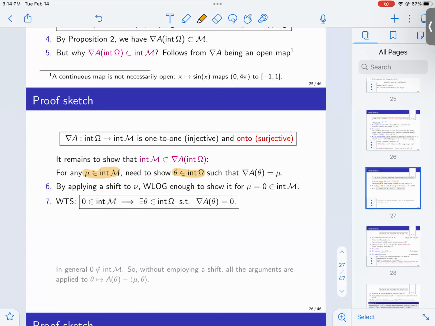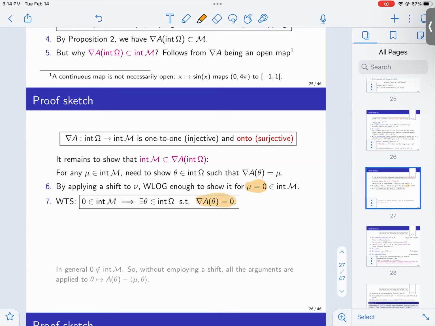We can shift mu without loss of generality so that mu is 0, so the interior of M contains 0. The problem reduces to showing that if 0 is in the interior, there exists a theta such that the gradient of A at theta is 0.